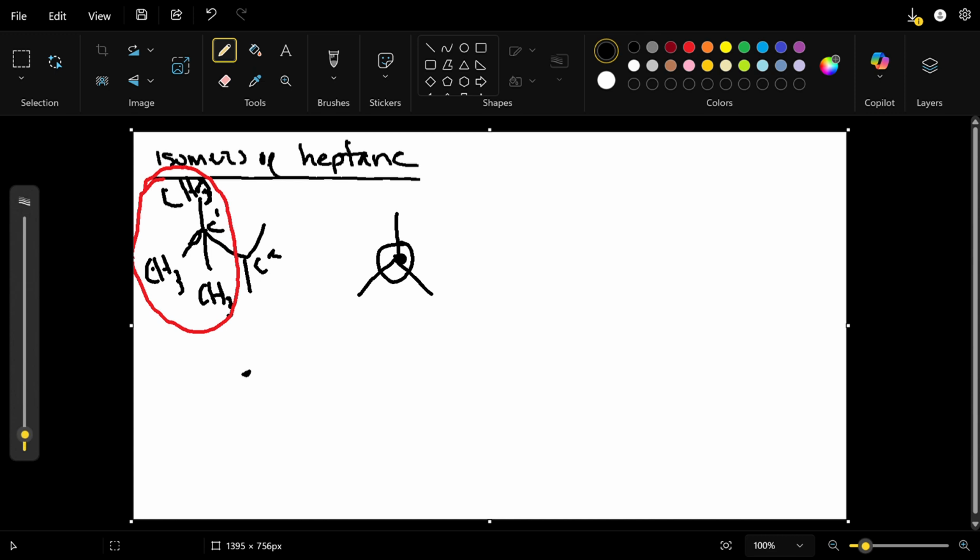A little smaller. So mainly it's just methyl groups. CH3, CH3, CH3. That didn't come out great.